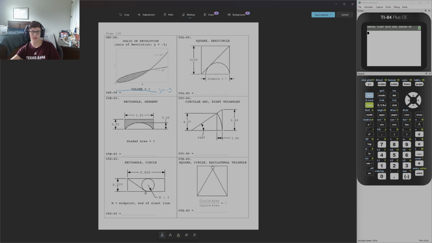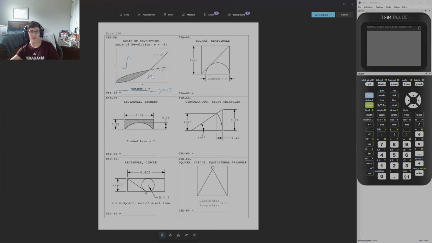So I'm going to start setting up the integral, and the form here is going to be big R minus little r. What I mean by that is big R is the one that's furthest out. So in this case, it would be x equals 4y squared. I'm going to change that to y equals, since that's easier to work with. Most of us should know how to isolate for a variable.